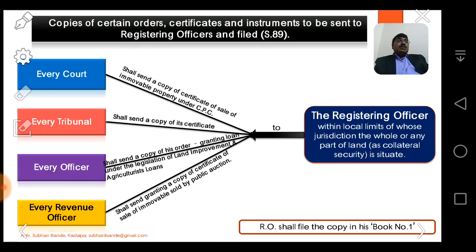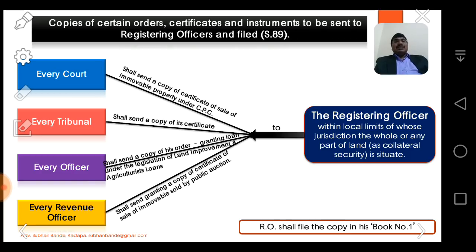Next, every tribunal sends a copy of its certificate to the registering officer if it passes any orders in favor of a particular party. Such certificate should be sent by the tribunal to the registering officer. Then every officer shall send a copy of his order granting loans under the legislations of land improvements and agricultural loans, under the Land Improvements Act and the Agriculturist Loans Act.